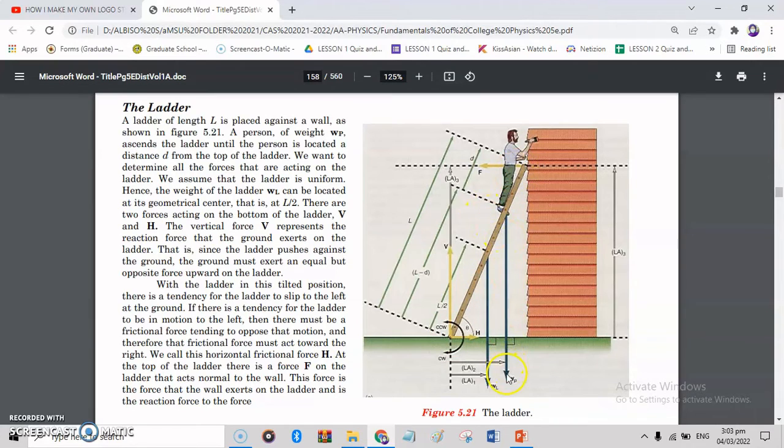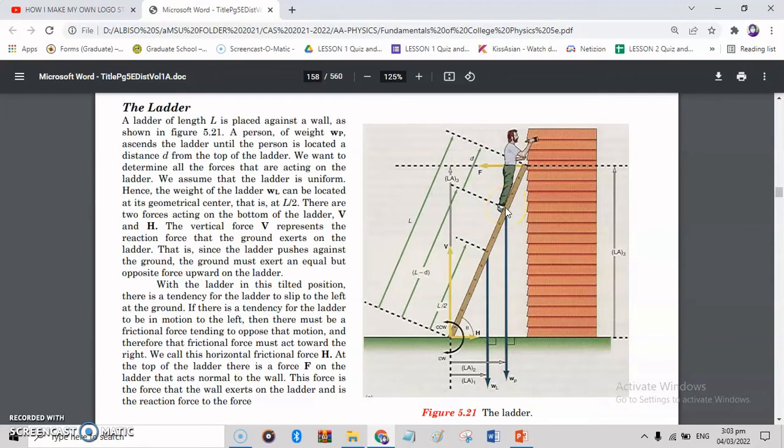So, ang weight niya is WP and ascends the ladder until the person is located a distance D from the top of the ladder. So, this is his distance from the top of the ladder.